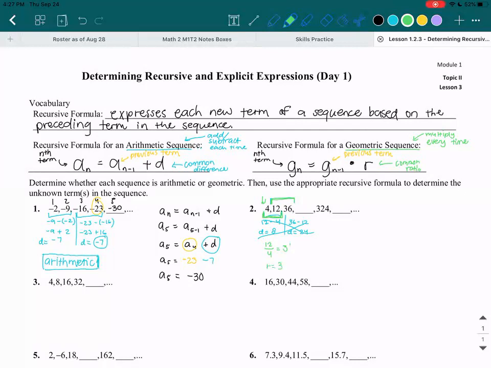Now taking a look at the second pair of numbers, 12 and 36, we get 36 divided by 12, which gives us 3 as well. So then our ratio is 3, and then our ratio again is 3, which means our common ratio is 3, which means we have a geometric sequence. So now that we know it's geometric, we have to write out our geometric formula.